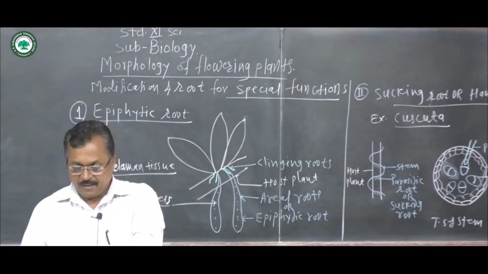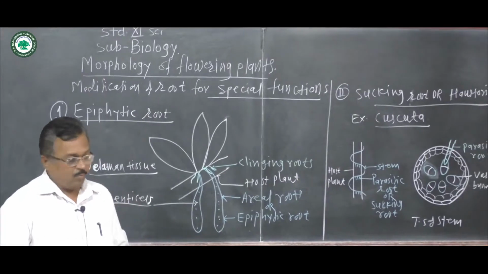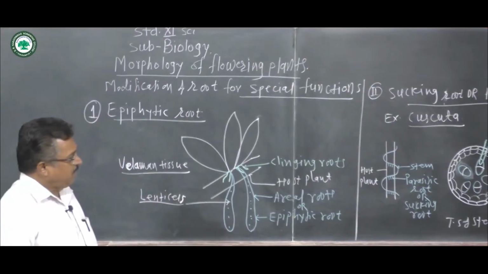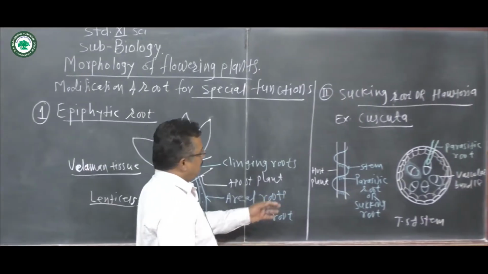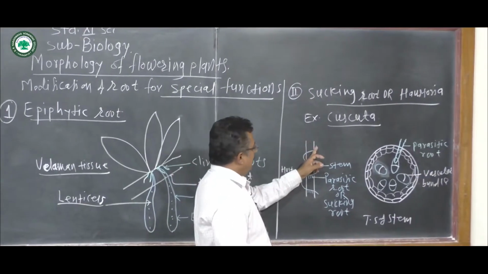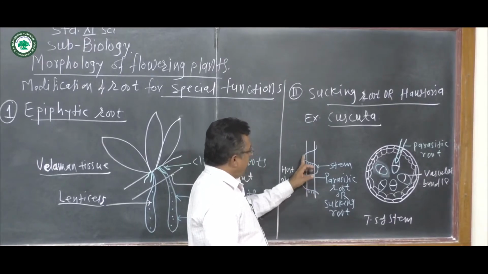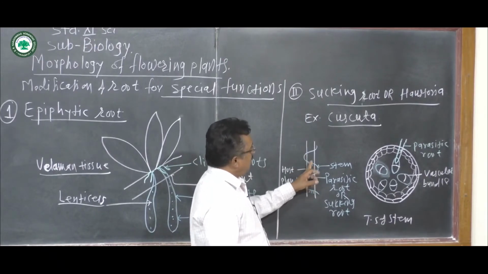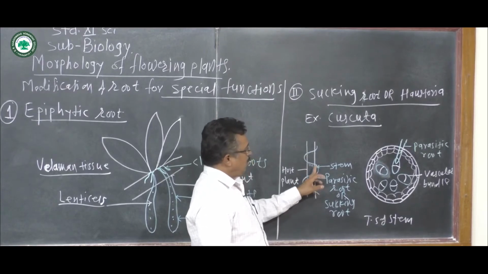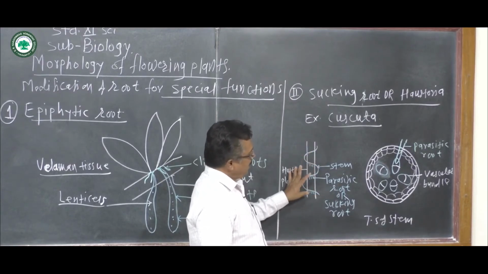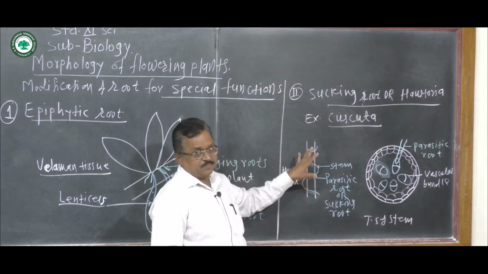From xylem they absorb the water and minerals, and from phloem they absorb the food material. And likewise, the Cuscuta plant grows on the host plant, and they insert the sucking root or parasitic root in the body of the host plant and absorb the water and minerals, because they are totally parasite.